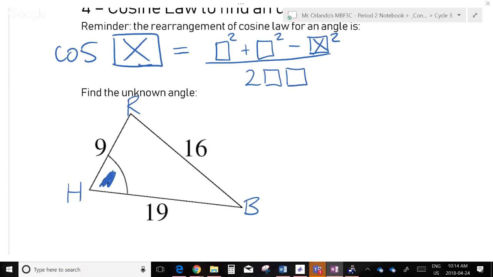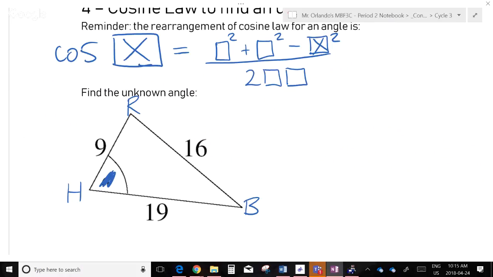So if your triangle is HRB, note, I have 3 sides. This is the classic time we use cosine law. This can come up in construction quite a bit. Often in construction, it is very easy to go out and measure, if you have a triangular structure, 3 of the sides.